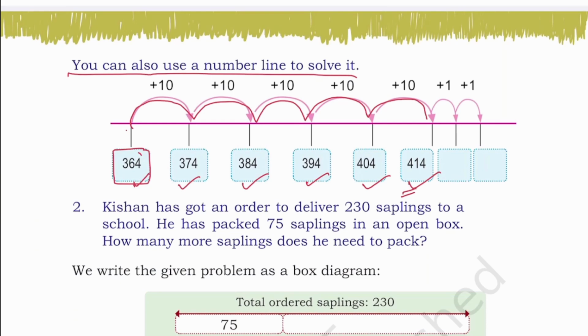That is 50 has been added, and 50 plus 2, that is 52. For 2, just go increased by 2, that is 415, and 416. The 416 will be the answer.